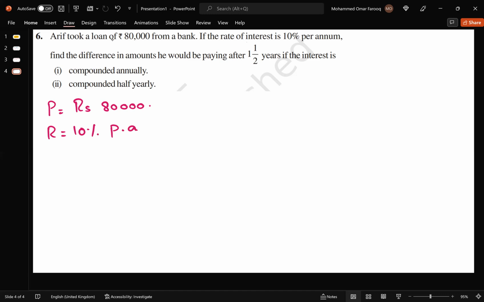Find the difference in amounts he would be paying after 1.5 years. So time period is 1.5 years, if the interest is compounded annually, and the second one, if it is compounded half yearly.